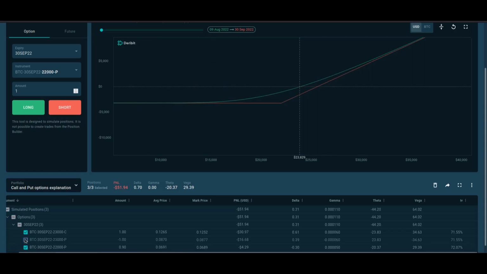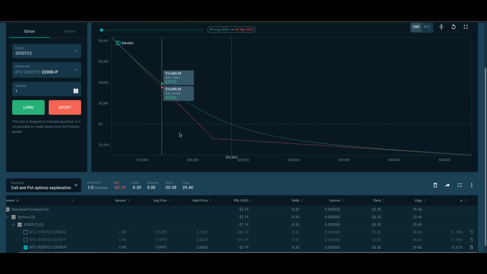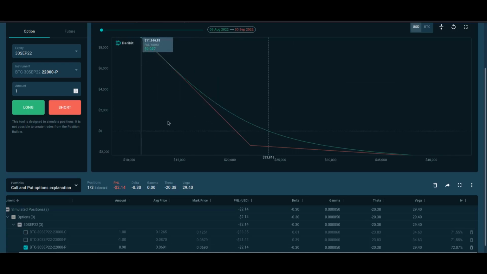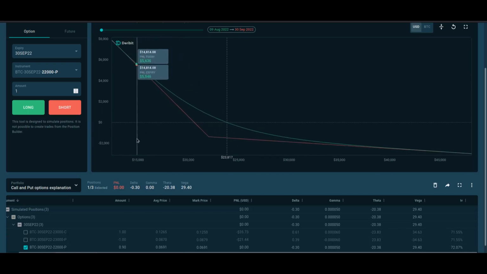Basically a clear bought put looks like this. So we have limited losses when price goes down, and we have unlimited profit if price goes up. If price goes down, it is basically in our short direction's favor.